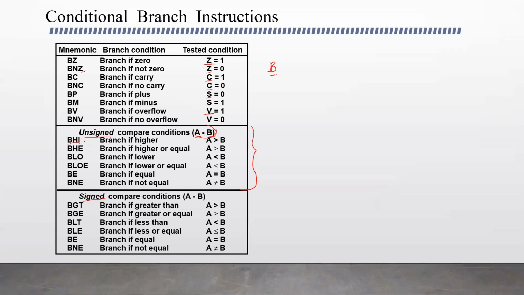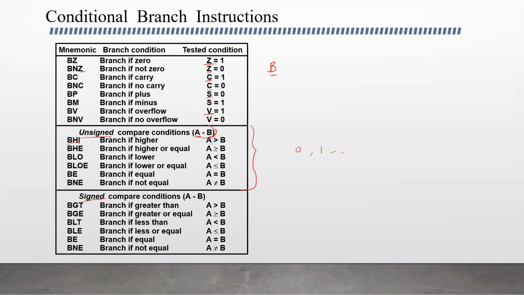For branching, BHI means branch if higher. When the numbers are unsigned, from 0, 1, 2, the numbers grow higher, or lower. So we check branch if higher.